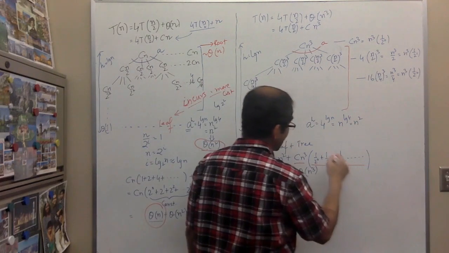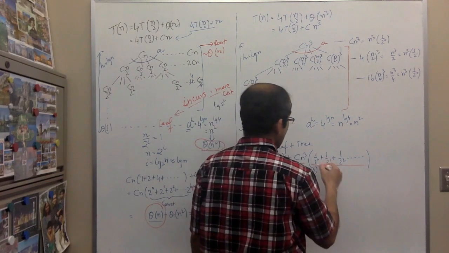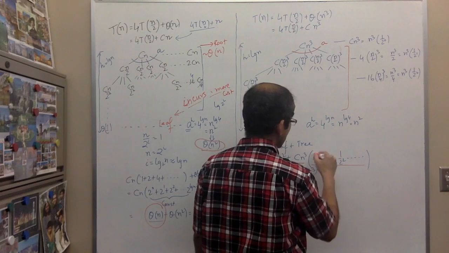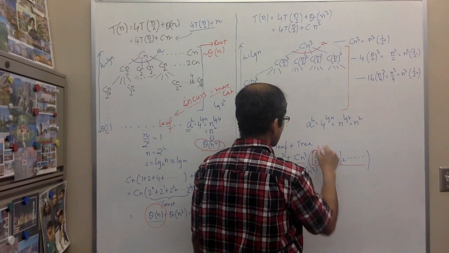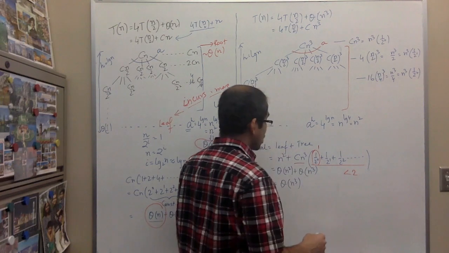So this is a decreasing series, and this one is 1, and when you sum up, it will become less than 2.